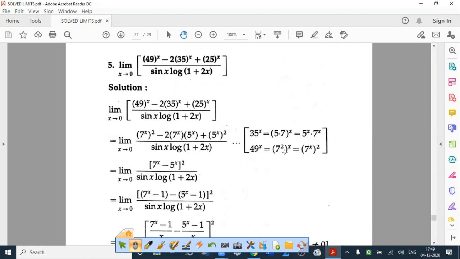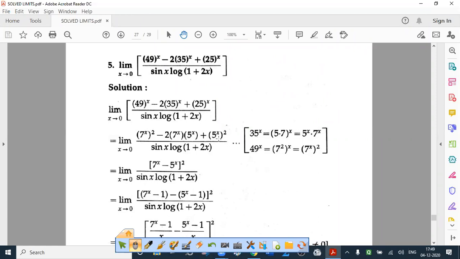Now see the rule. A raised to mn is the same as a raised to nm, right? So 2 into x is the same as x into 2. So we need this as the square of 7 raised to x. So this is (7 raised to x) bracket square minus 2 times 7 raised to x into 5 raised to x.